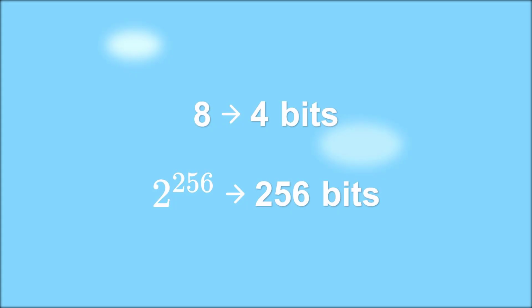But there is an algorithm, which is the double and add algorithm, which grows logarithmic in size to the scalar we are using. When we say something grows logarithmic in size in computer science, it means it doesn't grow too much. For example, it requires 4 bits to represent 8, and for 2 power 256, which is a very big number, it only requires 257 bits to represent that number.